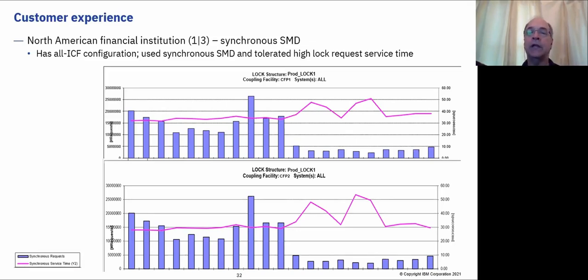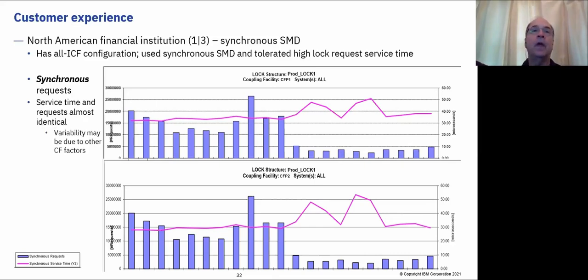There are slight changes, and that's mostly about what else is going on in the coupling facility environment where those structures are running. Now, this chart is showing the synchronous requests, that is, synchronous from the point of view of the host CP going to the coupling facility. Those sync service times in both of these cases are almost identical.